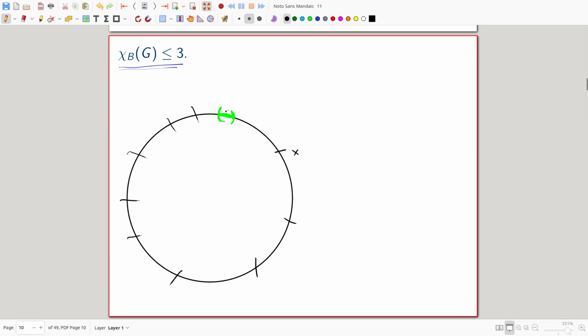Maybe not now, but it will jump here. And then I color x according to the parity of the jump. So I count how many jumps I need: 1, 2, 3, 4, 5, 6, 7, 8, 9. So I color it red, and then I color this blue, then I color it red, blue, etc.